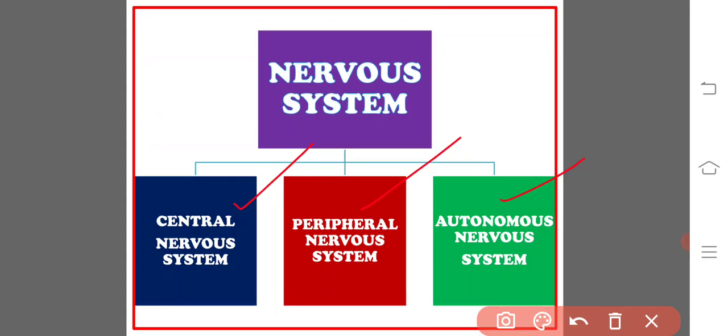The central nervous system includes the brain and the spinal cord, whereas the peripheral nervous system consists of nerves from the brain, that are cranial nerves, and the nerves from the spinal cord, spinal nerves. Both the cranial nerves and spinal nerves collectively form the peripheral nervous system, whereas the autonomous nervous system includes two subsystems, namely the sympathetic nervous system and the parasympathetic nervous system.